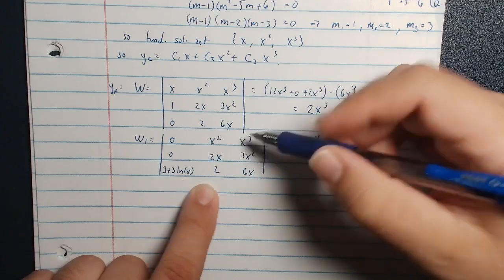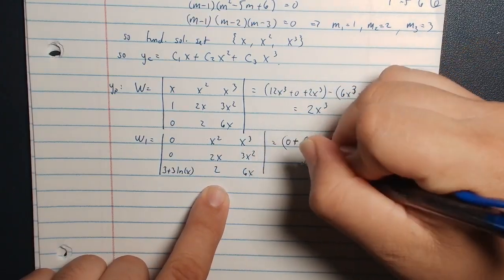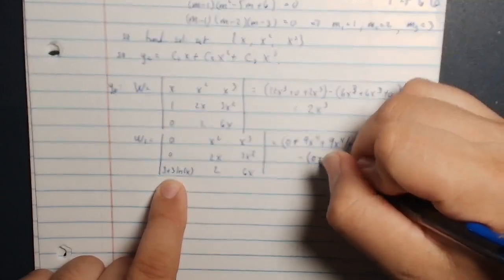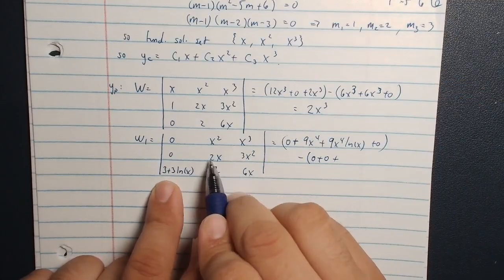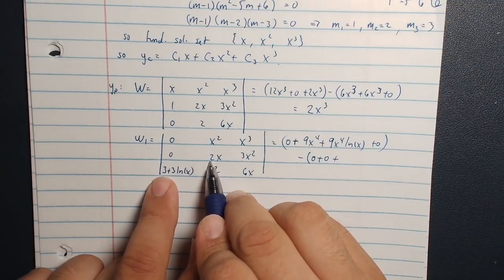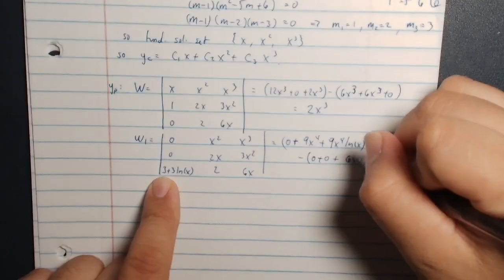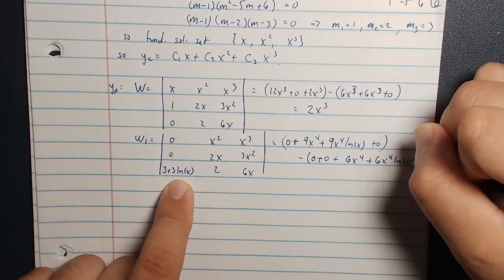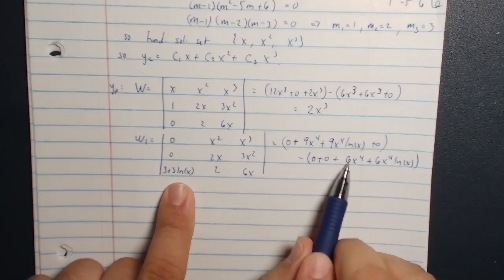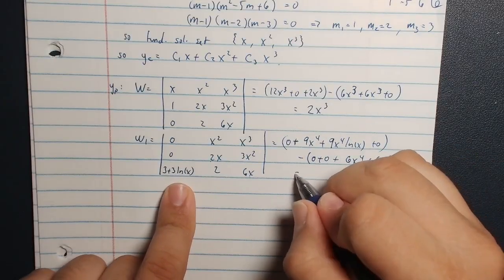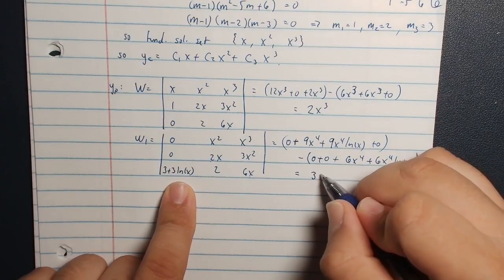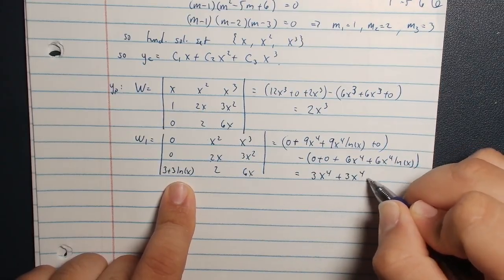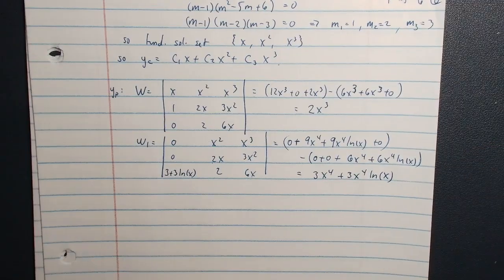And then the third one is 0, like that, minus, and then going back the other way, I've got 0, 0, and 6x to the 4th plus 6x to the 4th natural log of x. So here 9 of those minus 6 of those will give me 3 of those. So W1 is 3x to the 4th plus 3x to the 4th natural log of x. That's my W1.